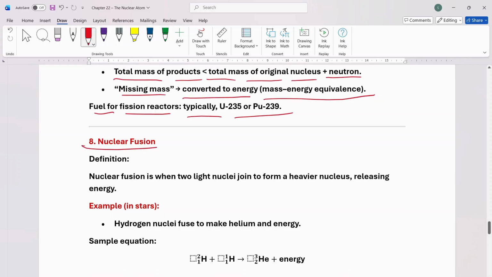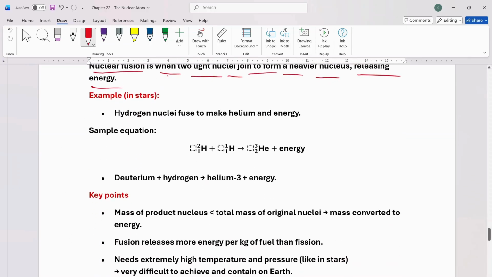Let's discuss nuclear fusion. Definition: nuclear fusion is when two light nuclei join to form a heavier nucleus, releasing energy. For example, in stars, hydrogen nuclei fuse to make helium and energy. A sample equation: deuterium plus hydrogen gives helium-3 and energy.